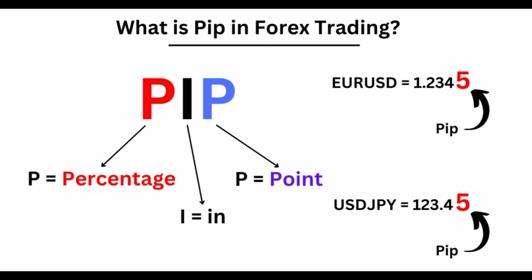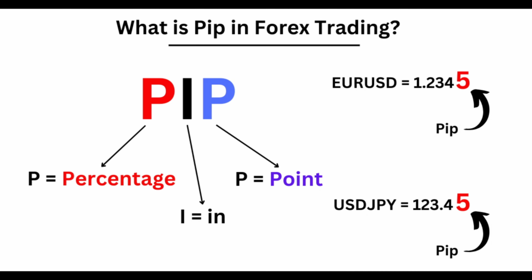For instance, if you walk from the parlor to the kitchen, you might take maybe five steps, maybe 10 steps, maybe 15, right? That's how your movement is measured, in steps. But in the market, movement is measured in pips.